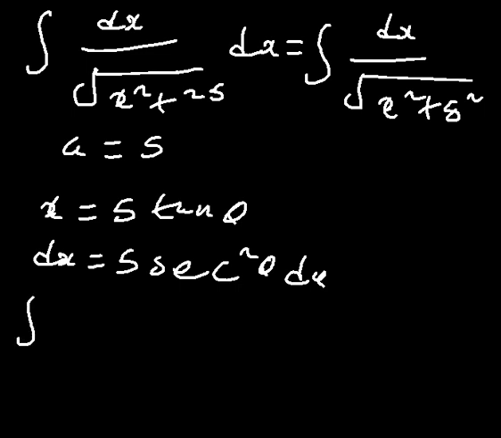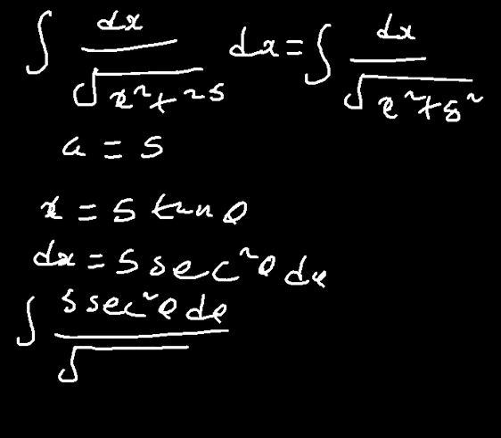That will be given as the integral of 5 sec square theta d theta, divided by the square root of x squared, and x corresponds to 25 tan square theta plus also 25.